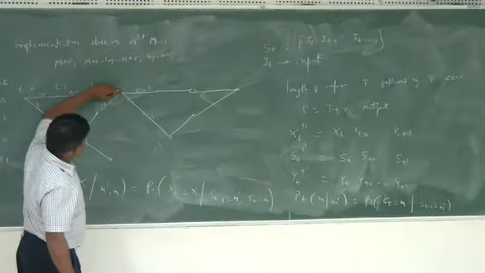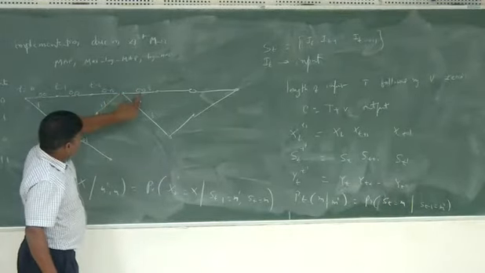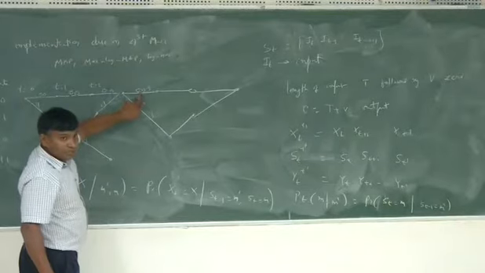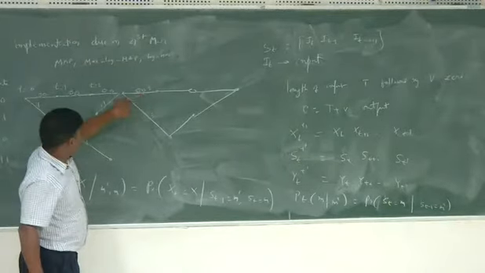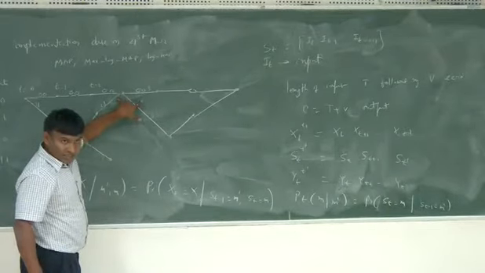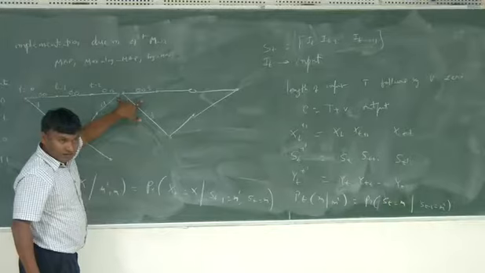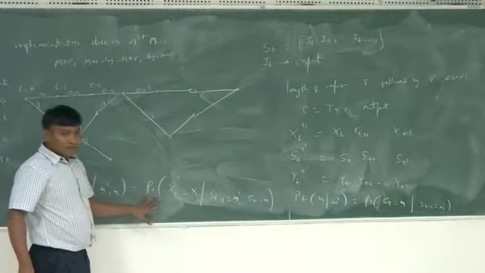So, if you specify exactly this state and this state, then the output is deterministic, right? Specify these two states, the output is deterministic.